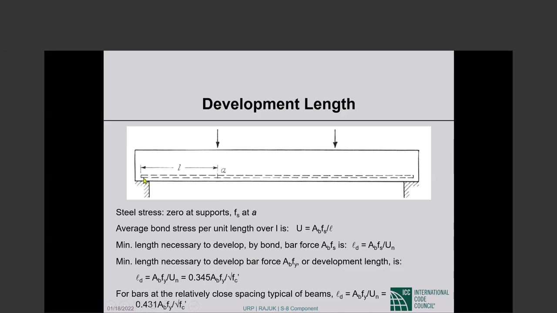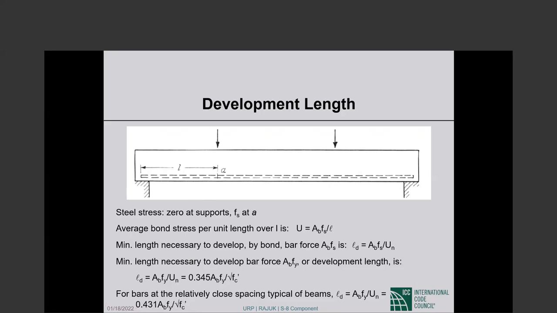So f sub s is zero at the support, and in this section A, the steel stress is f sub s. We just denote it by f sub s, whatever it is.